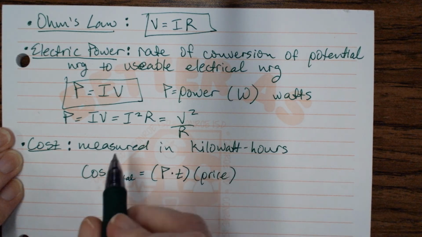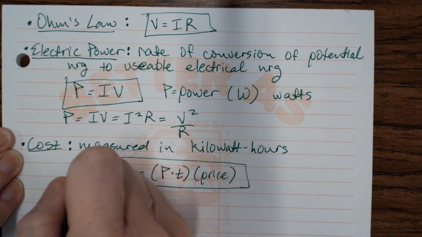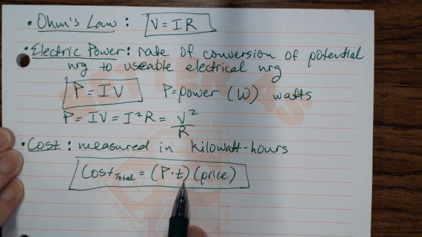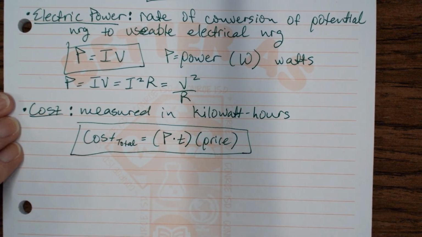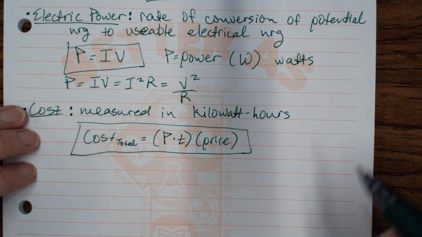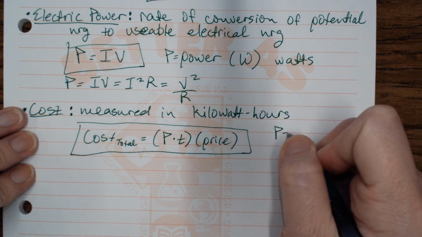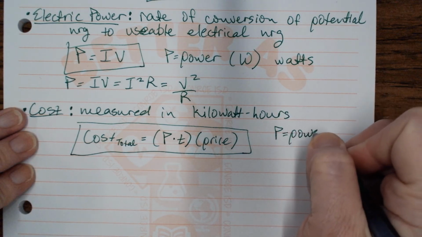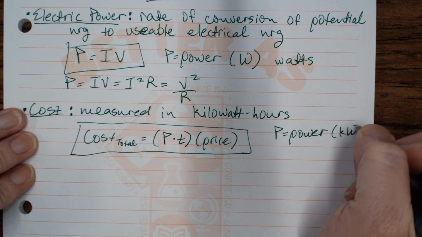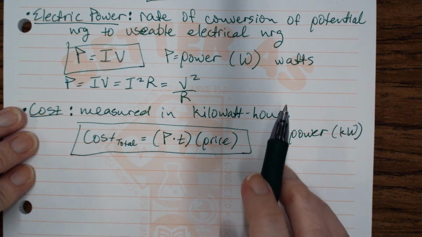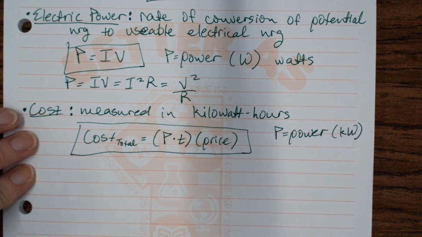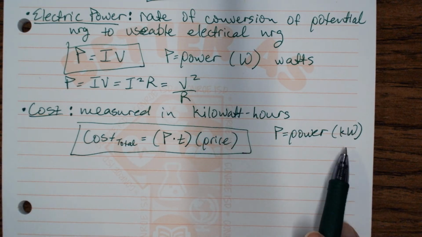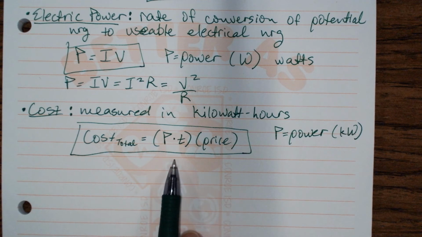Okay. This is also on your formula sheet. It says P delta V on your formula sheet. I just don't like to write the deltas. Okay. And so in this situation, though, power needs to be measured in kilowatts. So if you find power in watts, you have to divide it by 1,000 to get kilowatts before you can stick it in this formula.